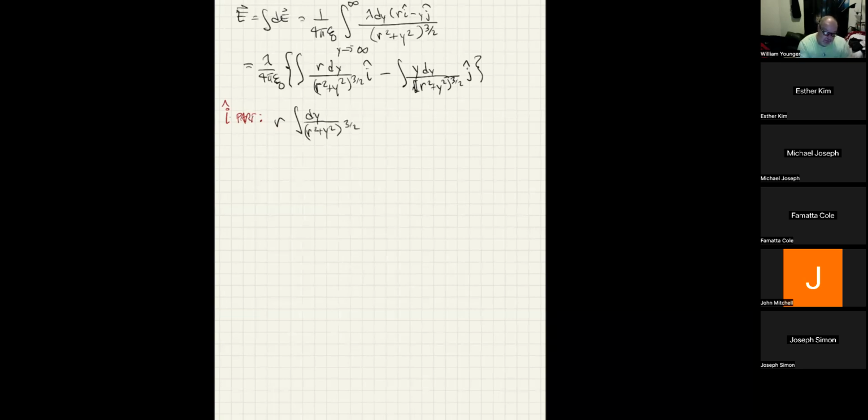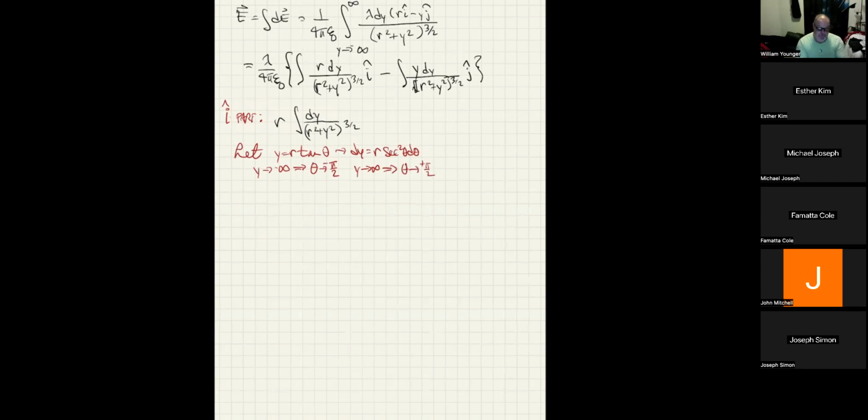And I'm going to say let y equal r tangent theta, which implies dy equals r secant squared theta d theta, and y going to negative infinity corresponds to theta going to negative pi over 2, and y going to infinity corresponds to theta going to positive pi over 2.